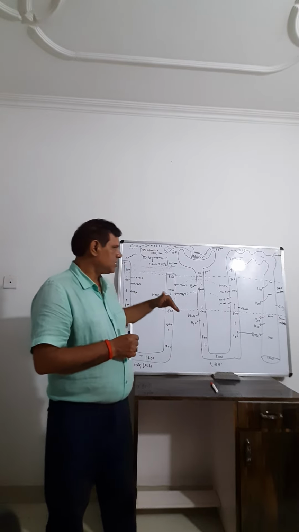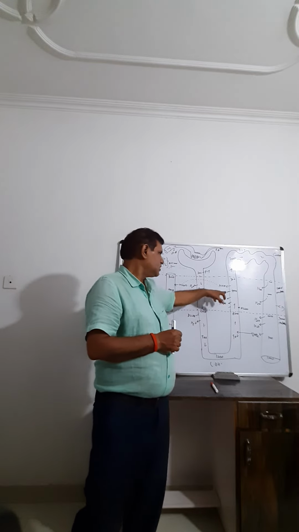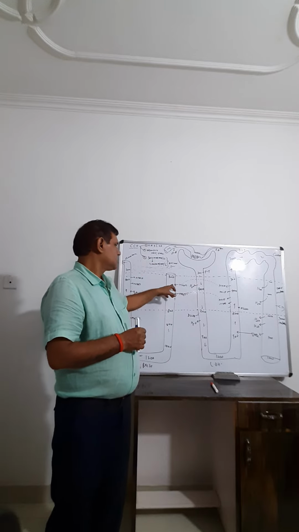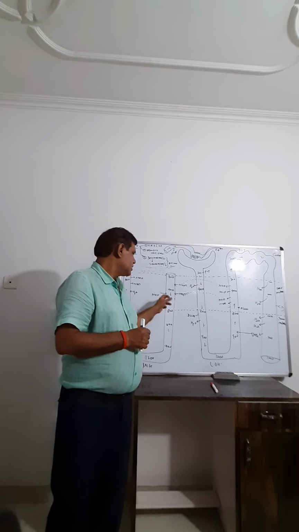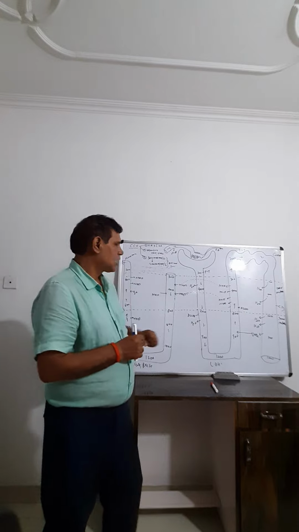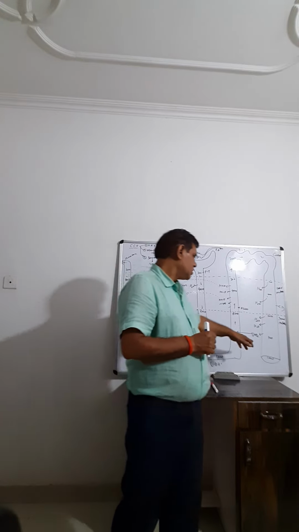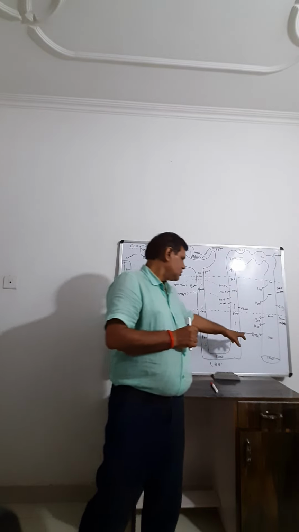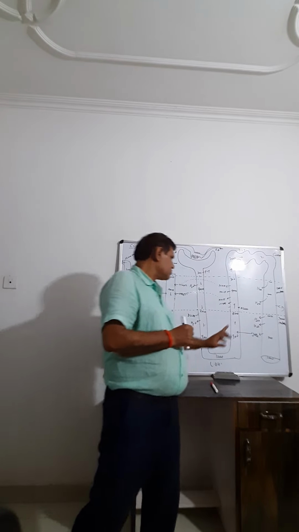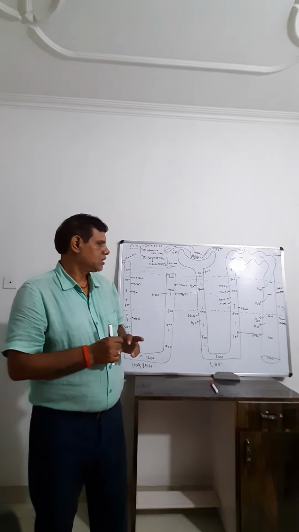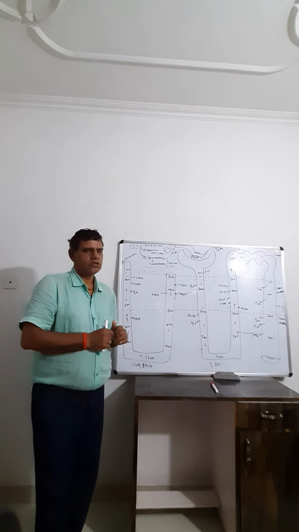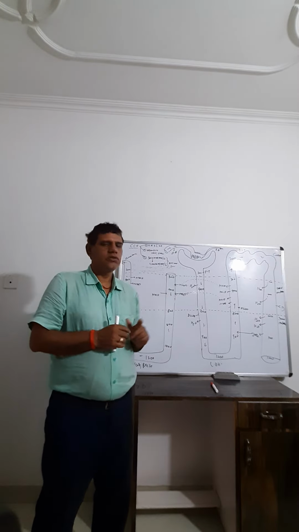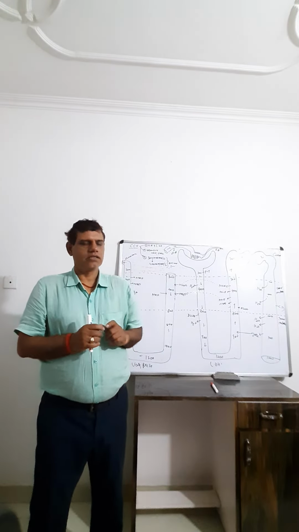The ascending loop of Henle releases NaCl into the medullary fluid, and it then enters the vasa recta. At the same time, urea is released from the collecting duct, enters the medullary fluid and then enters the ascending loop of Henle, and it maintains the concentration. So what is responsible for maintaining this concentration? First urea and second NaCl.